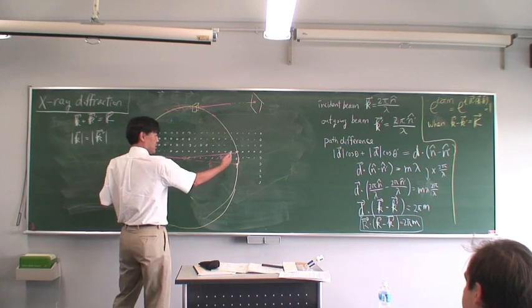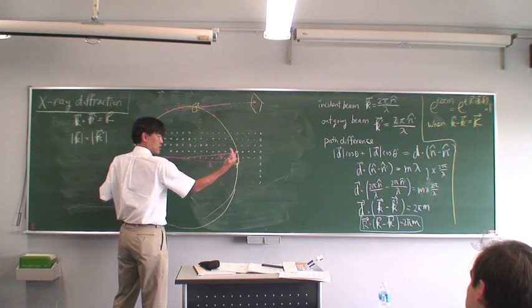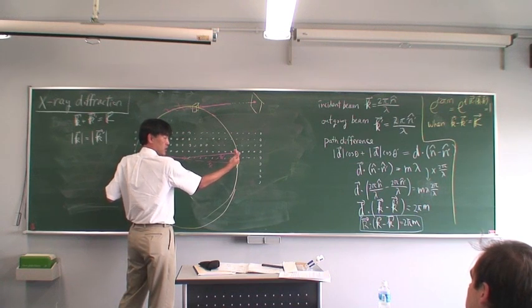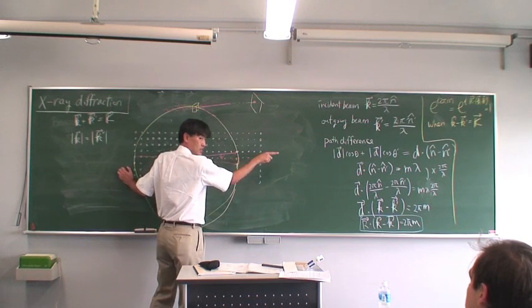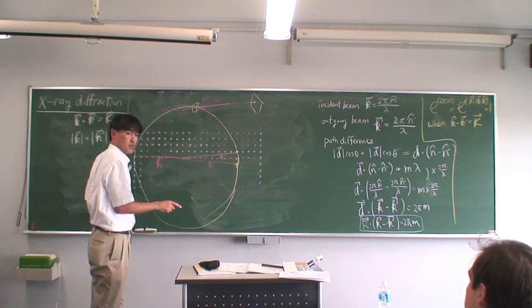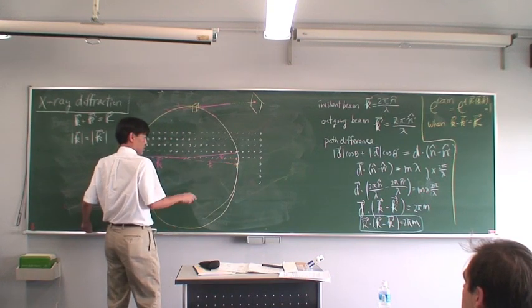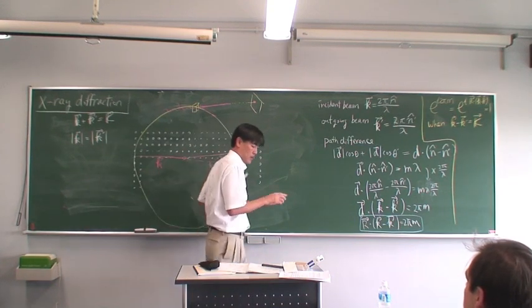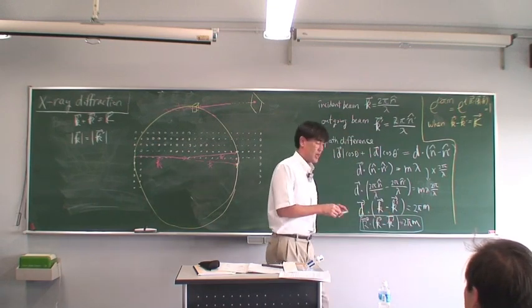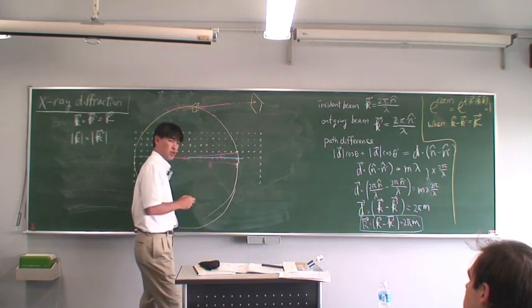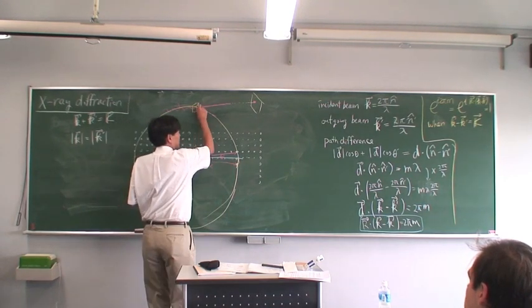There's another point, because it also comes in this way. There's one point here which intersects with the sphere, so light in this direction is also enhanced. Before I say anything else, I should say this is the transmitted beam, and the transmitted beam is always bright.